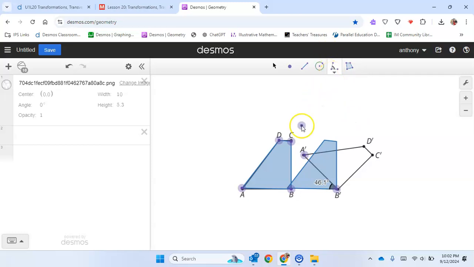So we're going to rotate this figure around point B prime, clockwise, negative 46.